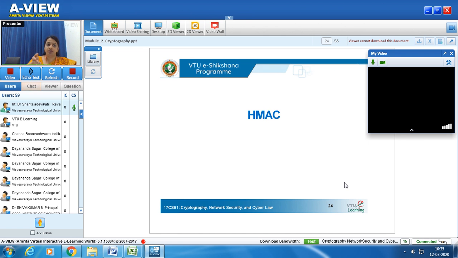Now moving on. This was the first method, wherein the sender and the receiver share a key, perform the computation of MAC, and verify whether authentication and integrity are achieved. The next is HMAC, hash MAC.